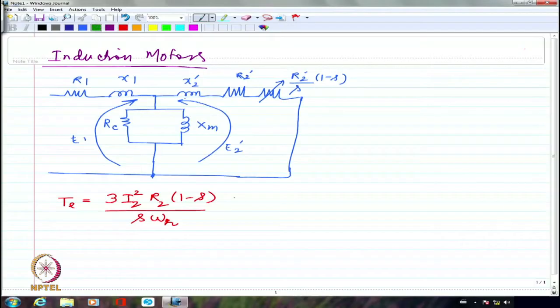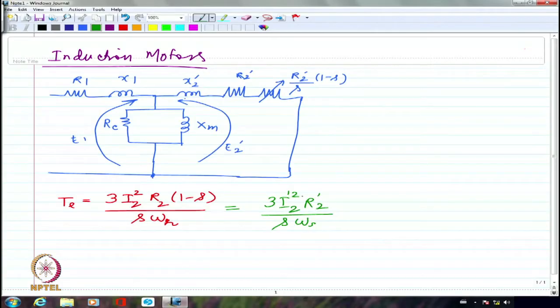So we wrote this as 3 I2 square R2 divided by S omega S. I can write this as I2 dash square R2 dash or I2 square R2. It doesn't matter because the power is invariant, whether I look at it from the primary side or the secondary side in a transformer, or from the stator side or rotor side in an induction motor. So this is going to be invariant.